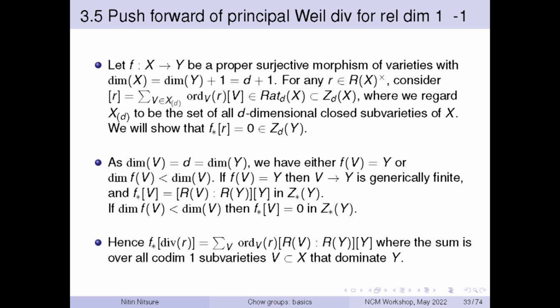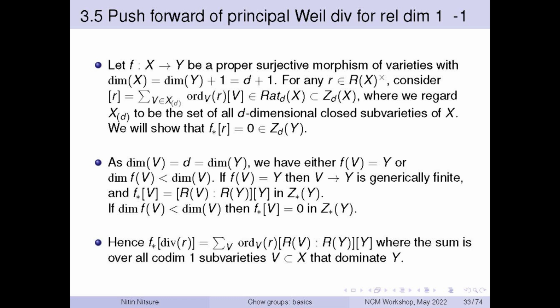So, if I look at this V subvariety, these subvarieties are what support the Weil divisor, and their dimension is that of the downstairs one. Downstairs is one less, and these subvarieties are also one less, so they are of the same dimension. Now, two things can happen. This maps down to something even smaller, or it maps down to all of it.